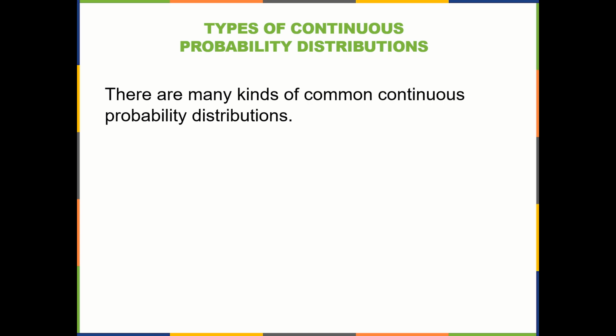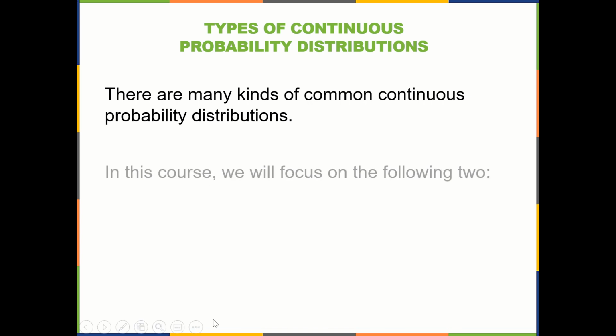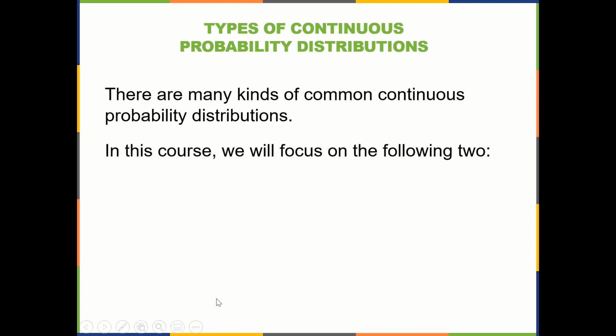I'm just going to talk about a couple of continuous probability distributions that we're going to learn about in more detail. And there are many kinds, so many that I couldn't possibly even list them all. But there's two that we're going to focus on in this course.